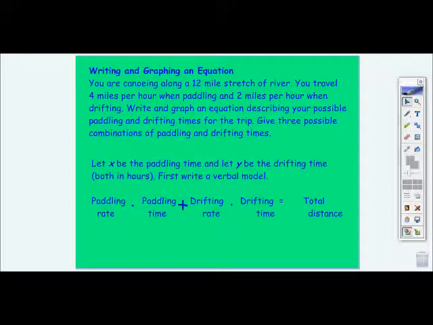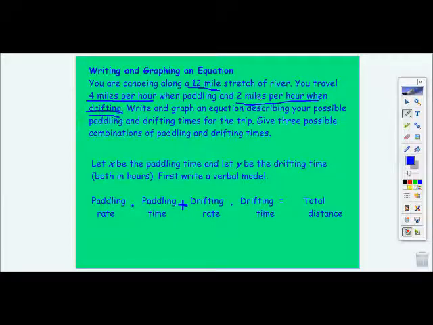So, writing and graphing an equation. This time we're looking at a word problem about canoeing. You are canoeing along a 12-mile stretch of the river. You travel 4 miles per hour when paddling and 2 miles per hour when you take a break and you're just drifting.